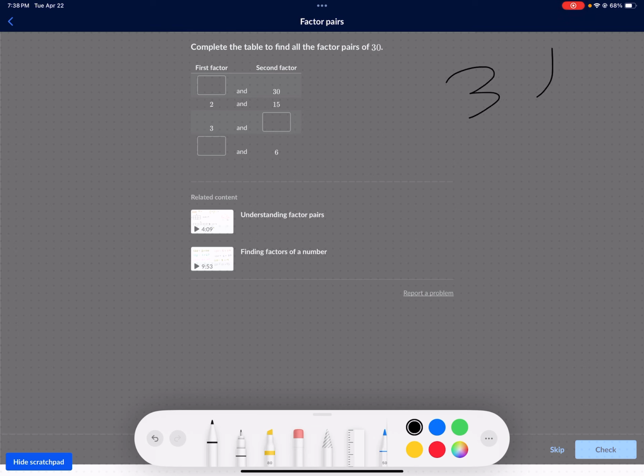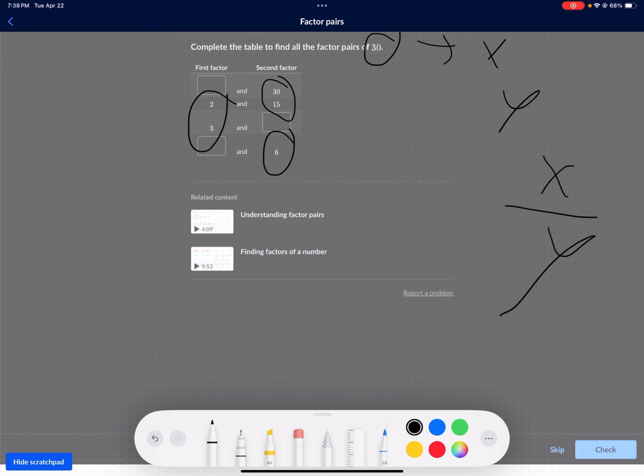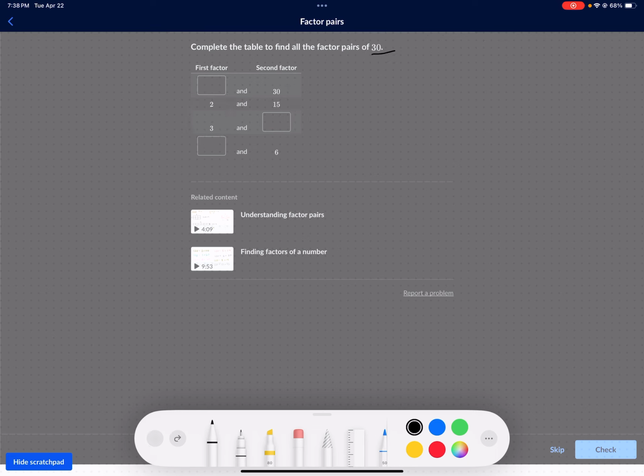So we have 30 over 30, because our main number, let's just represent this number as x. And then we have these numbers, which we'll represent as y. For these types of problems, we use the formula x over y, which is just the main number over the factors.